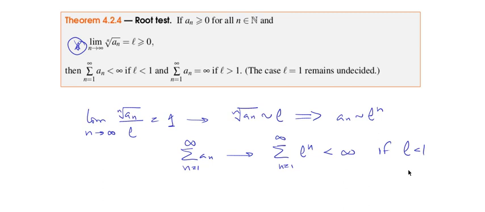And if L is greater than 1, then this will be divergent, okay? Let me write it here. n equals 1 to infinity. This will be divergent if L is greater than 1. And if L is equal to 1, then we need to study each case separately, okay? And use the definition, but we will do exercises and you will see what I mean by this, okay?